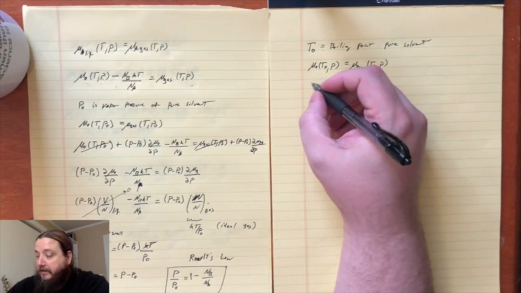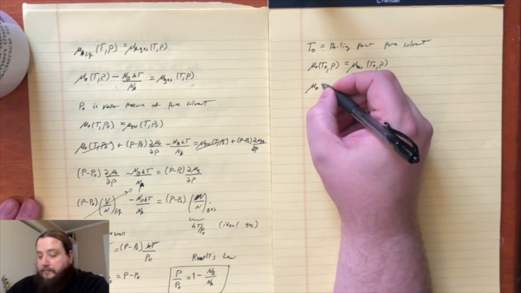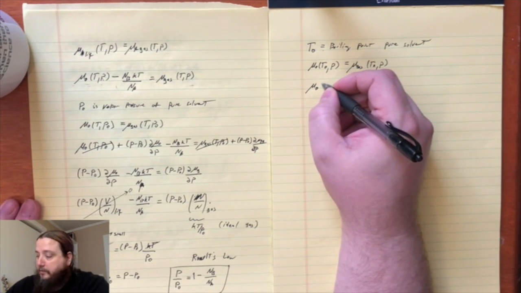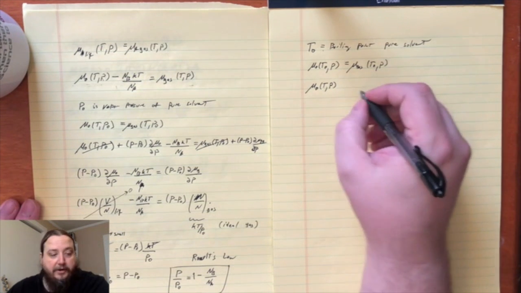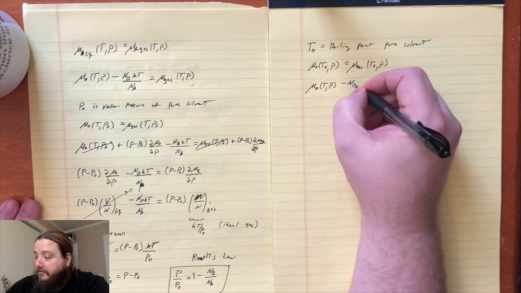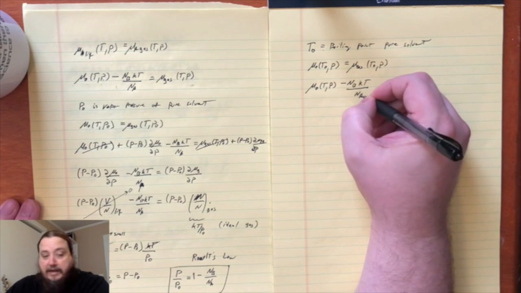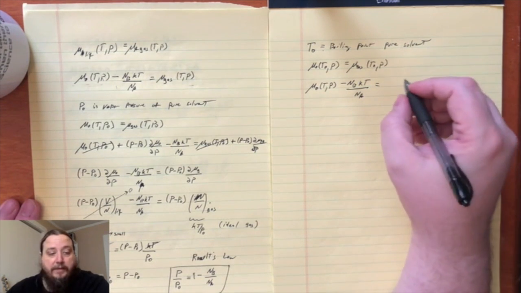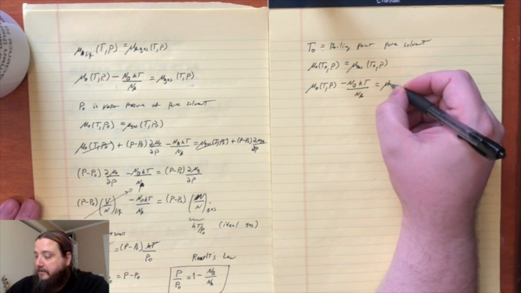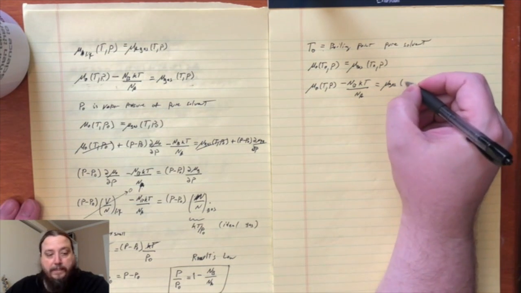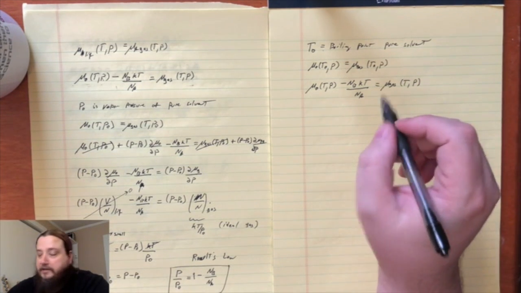But again, in our case, our solution has a chemical potential of mu naught at some T plus or minus this solution term, N_B kT over N_A, and that's got to equal the gas chemical potential at the true boiling point and pressure of our solution.